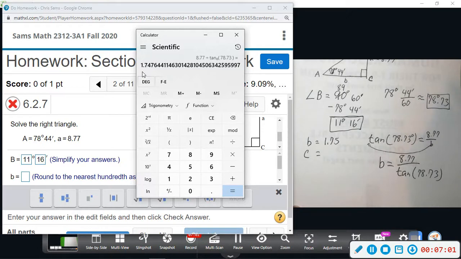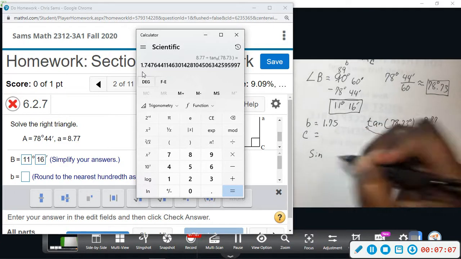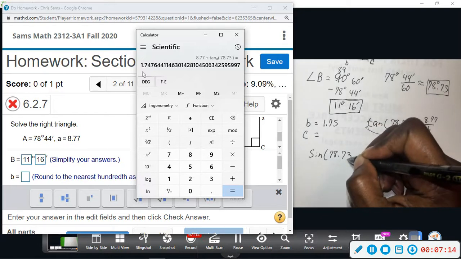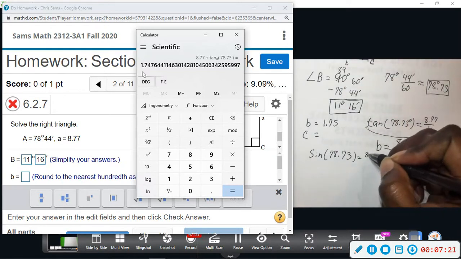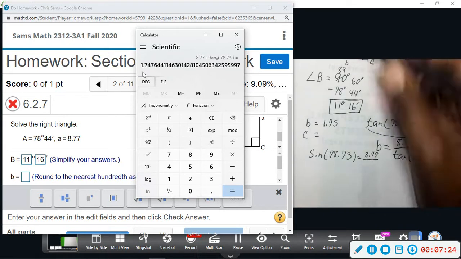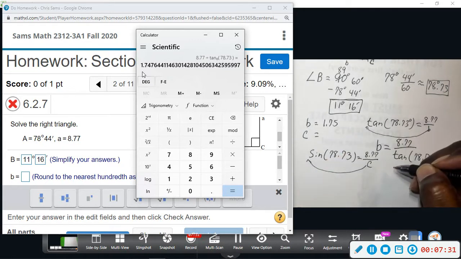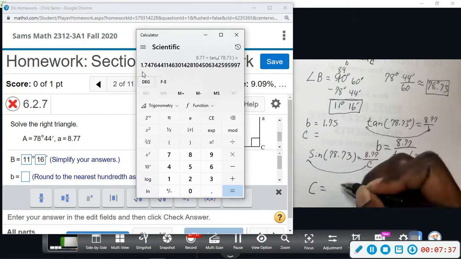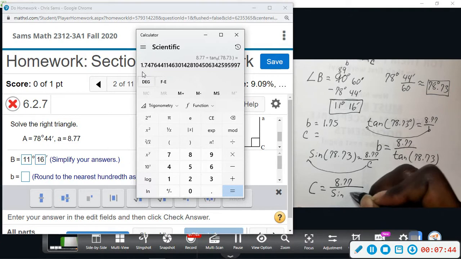So to find C, we're going to be doing sine of that angle that we converted to degree decimal form, 78.73, is equal to opposite over hypotenuse, 8.77 divided by C, and then we're going to interchange these, multiply by C, divide by sine 78.73, so we get C equals 8.77 divided by sine of 78.73.